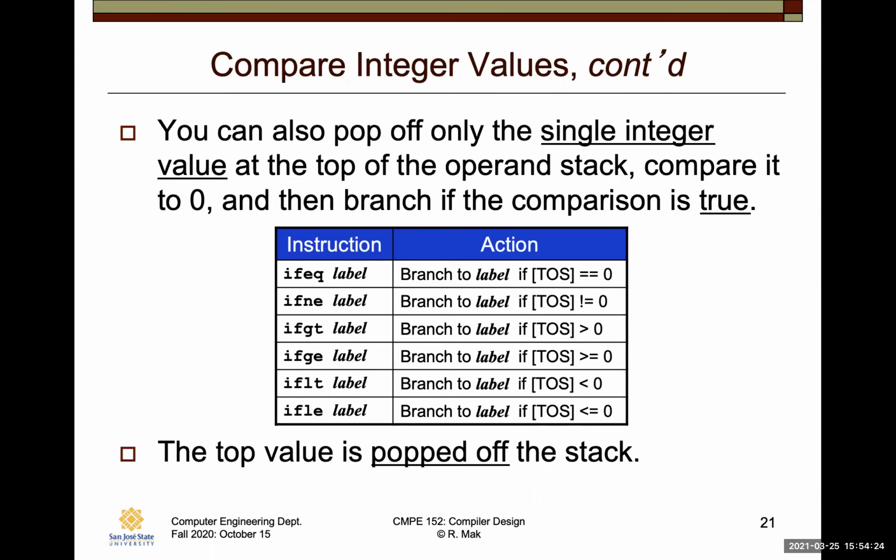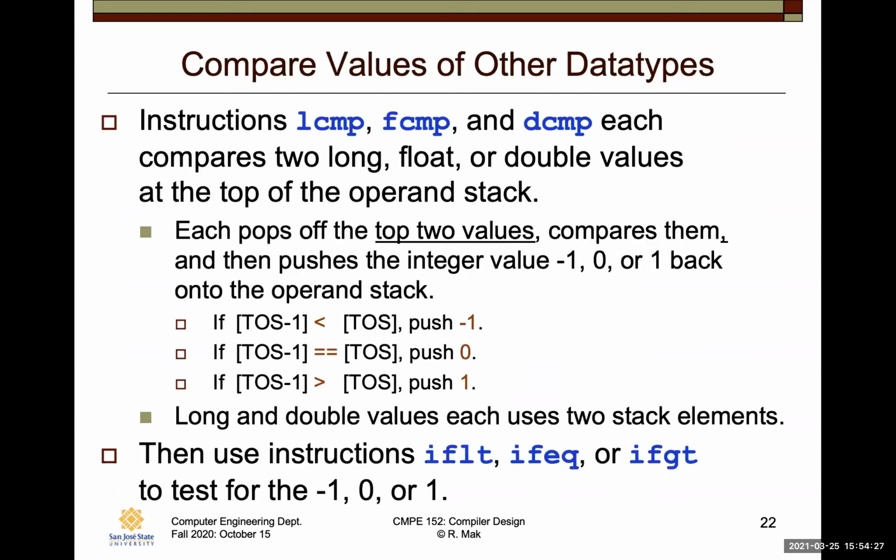Now, what about other data types? What about longs and floats and doubles and so forth? Well, here's L compare, F compare, and D compare. They pop off the top 2 values and compare them, but they push back either -1, 0, or 1 onto the operand stack, depending on the comparison.